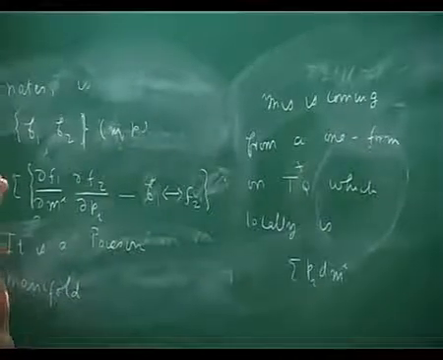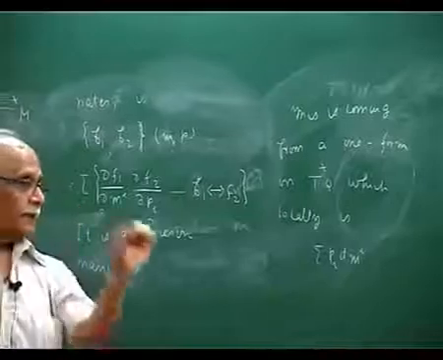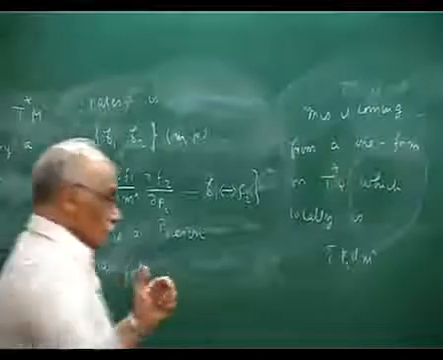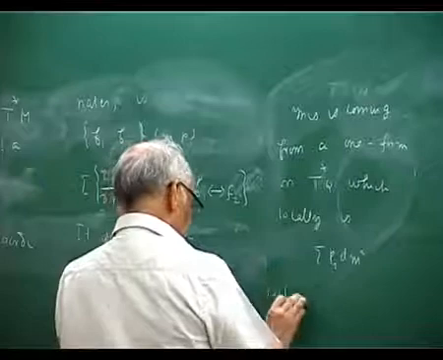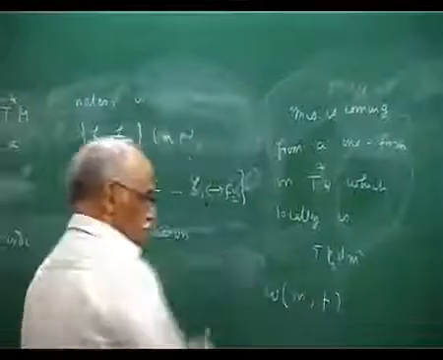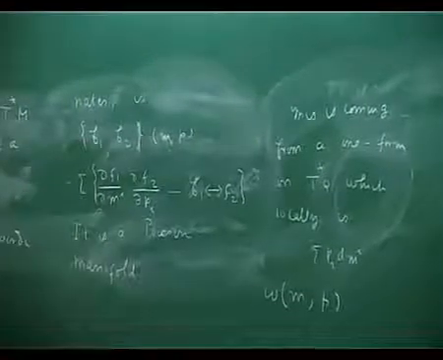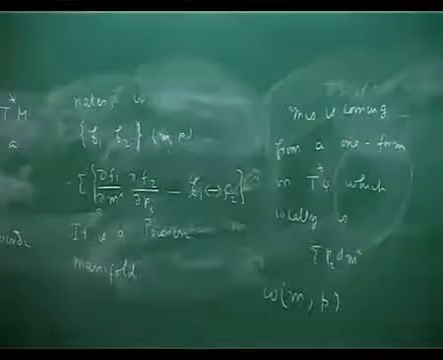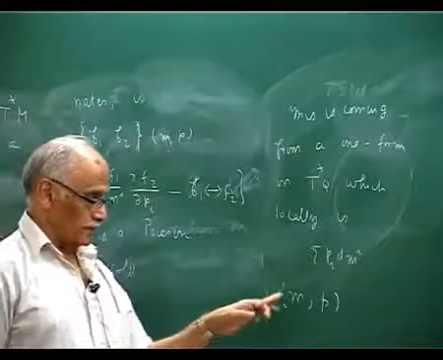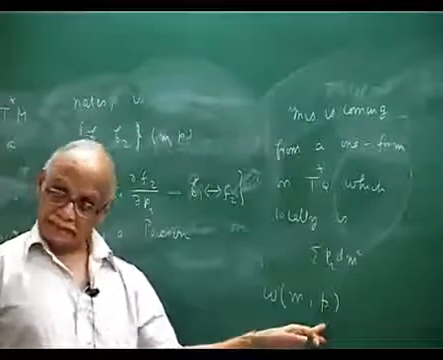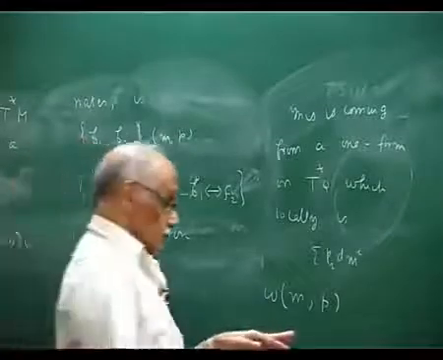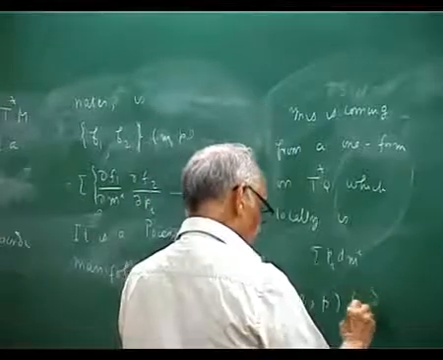If you take a point at T star M, this is a one form living on T star M. So the one form omega at the point, a point of T star M will be (m, p). T star M has a natural fibration, that is p's are sitting vertically up. I am looking at the one form at the point p, and I have to give you its value on vector fields.